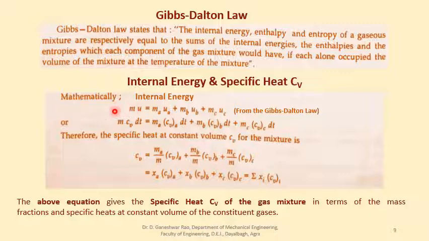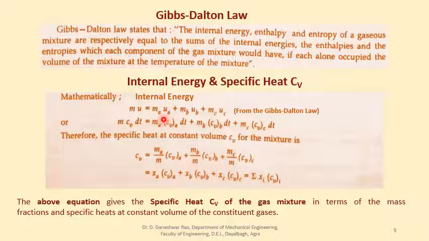Now if you have specific internal energy u for the mixture, and M is the mass of the mixture, then M into u indicates the total internal energy, capital U, right?